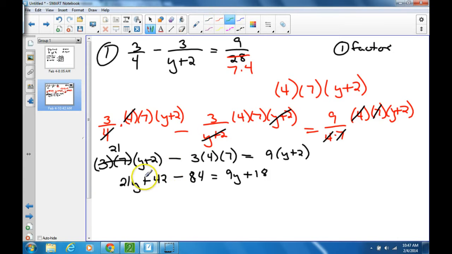Okay, so I can put these two together, right? So I'll have 21y minus 42 equals 9y plus 18. Hold on, 42 minus 84 is 42? Mm-hmm. Add 42 to both sides. Yep.